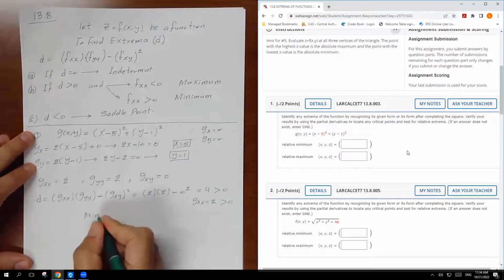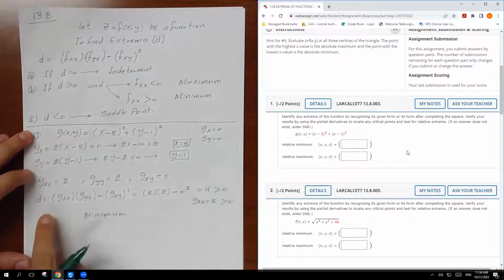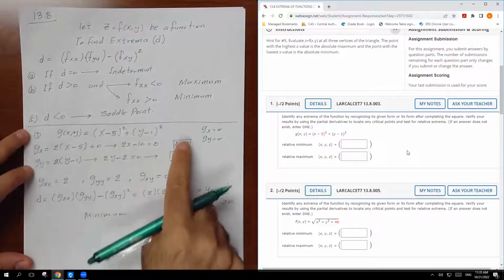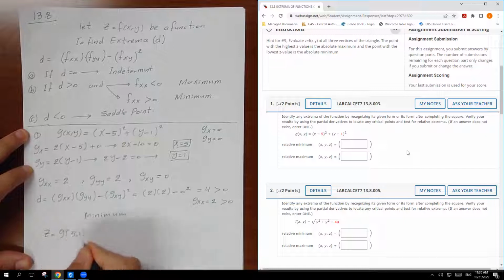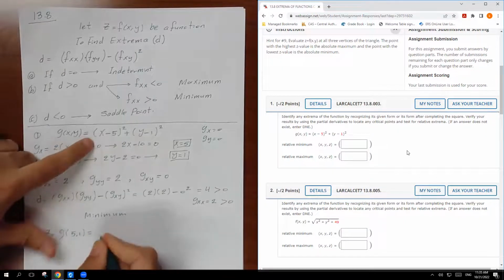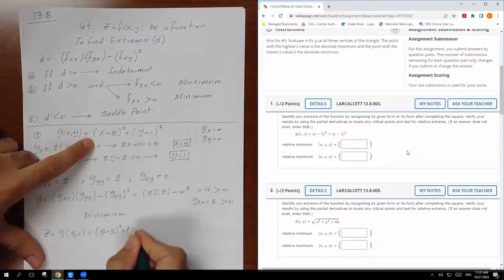Let's find the point. I have x and y. We're going to plug in x and y here to find the z. So z is going to be equal to g of 5 and 1, which equals 5 minus 5 squared plus 1 minus 1 squared.